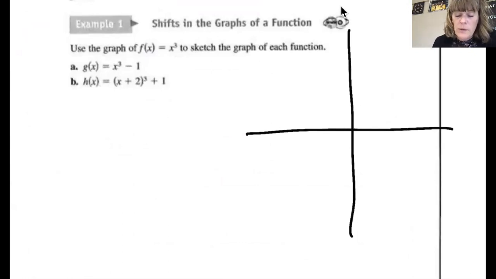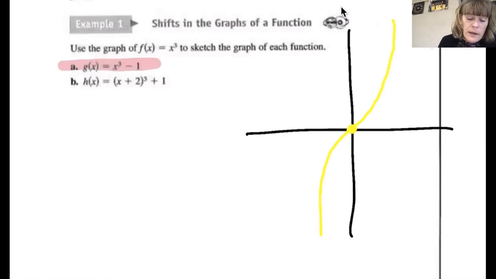As you know from the last lesson, lesson 1.5, it looks like this, with this as a critical point right there at 0, 0. Okay, so now I want to graph that same graph, only I have a shift, and that minus 1 is on the outside.